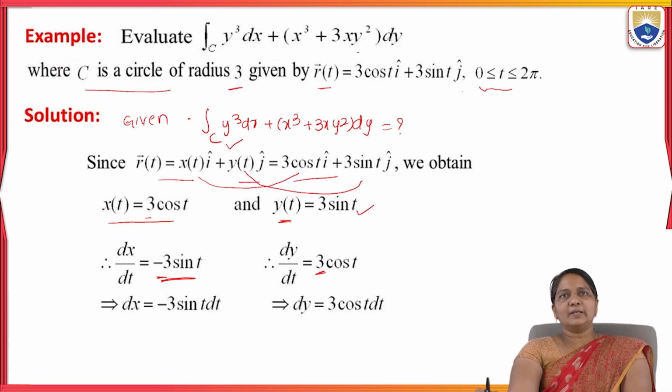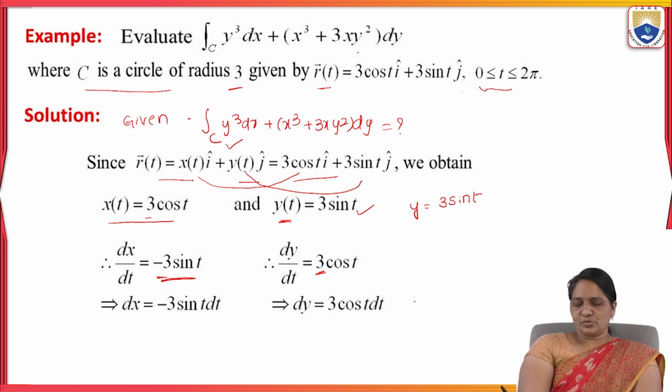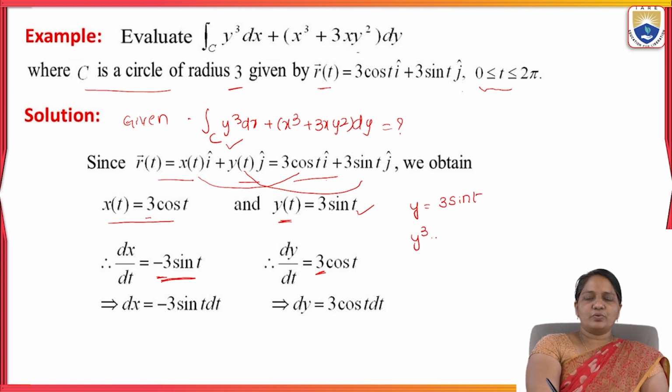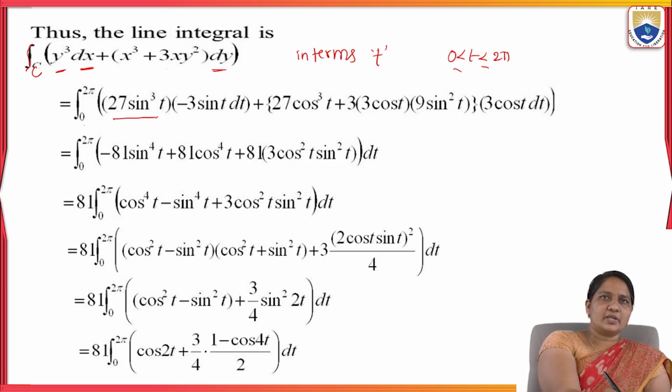Y is 3 sin t, so y cube equals 3 sin t whole cube, which is 3 cube sin cube t. So this is 27 sin cube t.